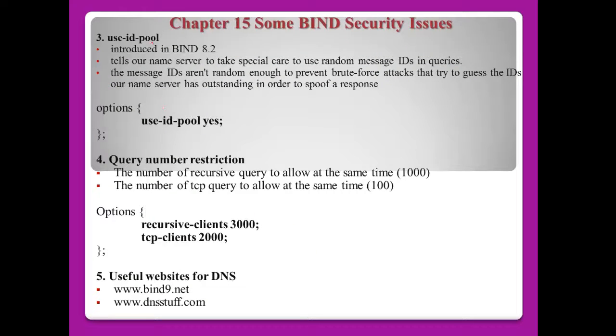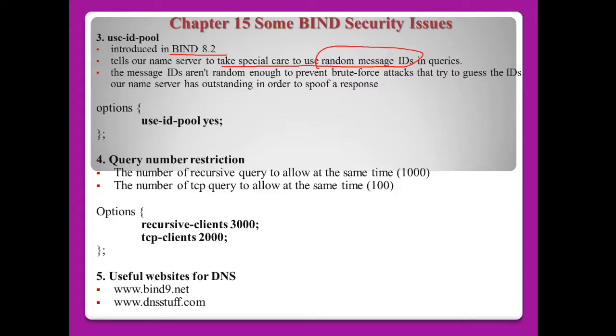Number three, use ID pool. Normally, this option was introduced in BIND 8.2. It tells our name server to take special care to use random message IDs. I already mentioned that in the next chapter you will learn about DNS cache poisoning.